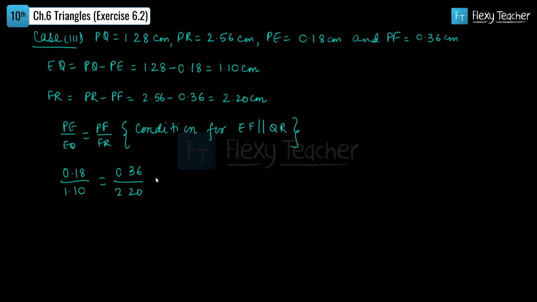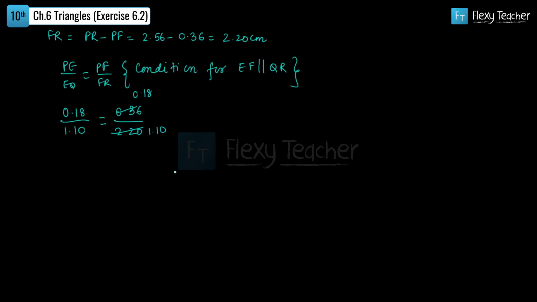Friends, if you observe, this value is double of this, and this value is double of this. If we divide both the numerator and denominator on the RHS by 2, what we will now get is 0.18 upon 1.10. So in this case the ratios are equal and therefore EF is parallel to QR. This is our answer.